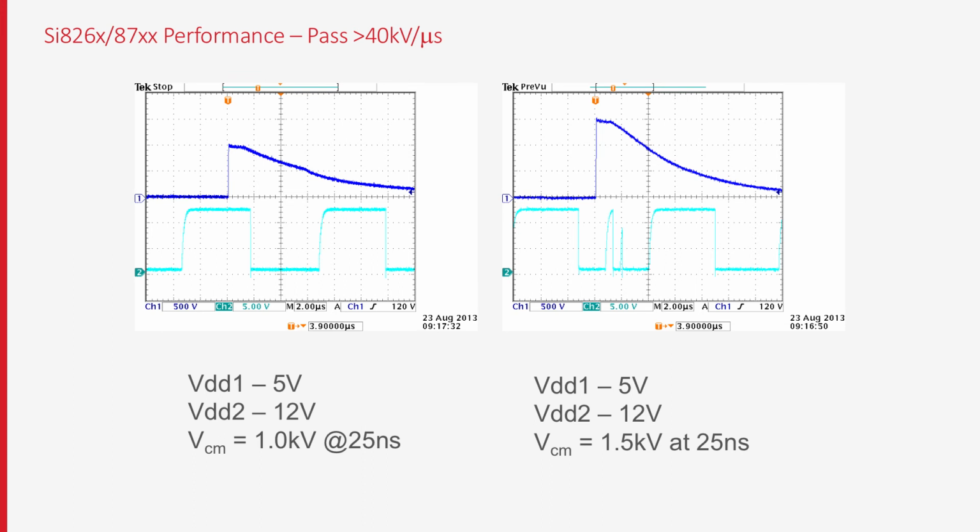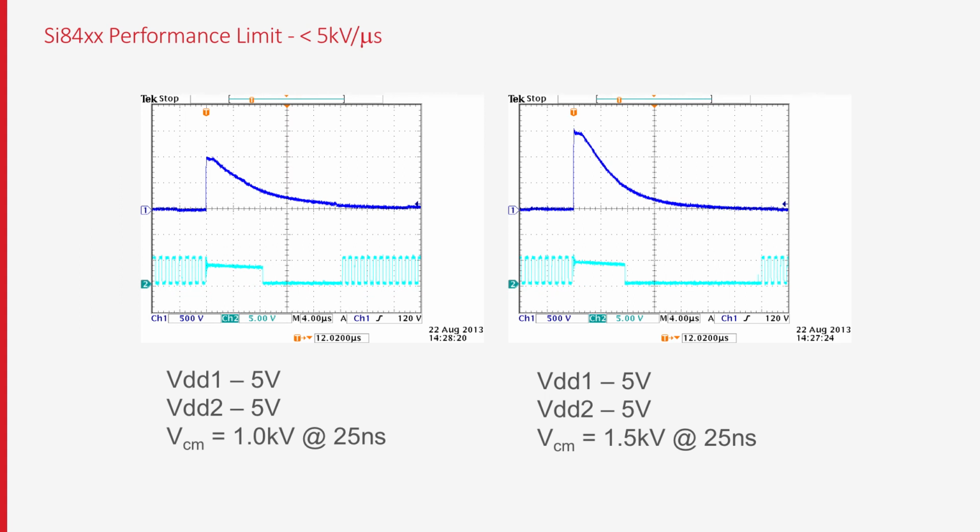Now, to find the limit of the SI826X and 87XX's CMTI performance, we again increased the VCM to 1500 volts and started reducing the transient rise time. As illustrated in the graphic on the right, we noticed that CMT failures started to occur at about the same level as the SI86XX devices, around 43 kV per microsecond.